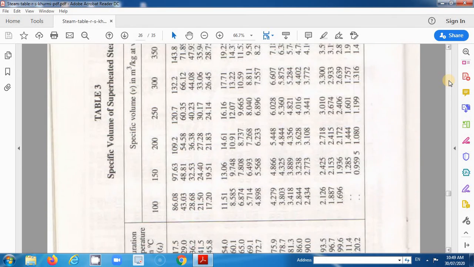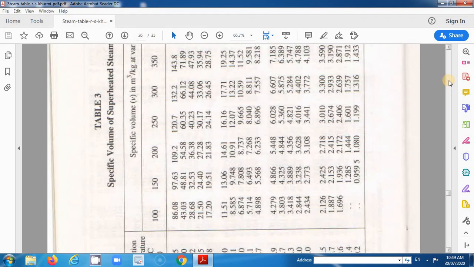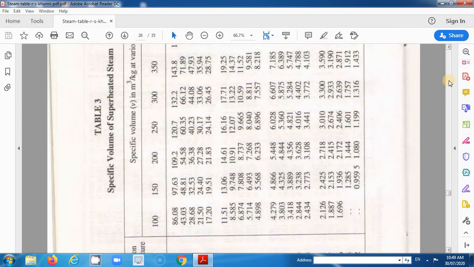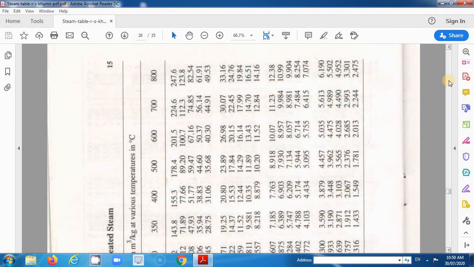Now you see absolute pressures and their specific volumes at different temperatures. Absolute pressure in bar, those values are given. Their corresponding saturation temperature is given, and what the specific volumes are at different temperatures in degree centigrade. That is shown here. Here they have taken the temperature up to 800 degrees centigrade.